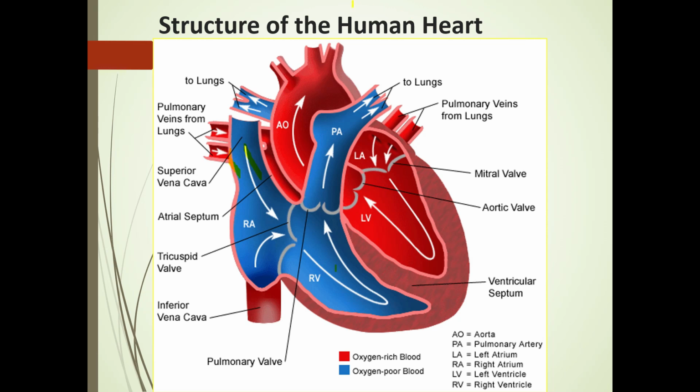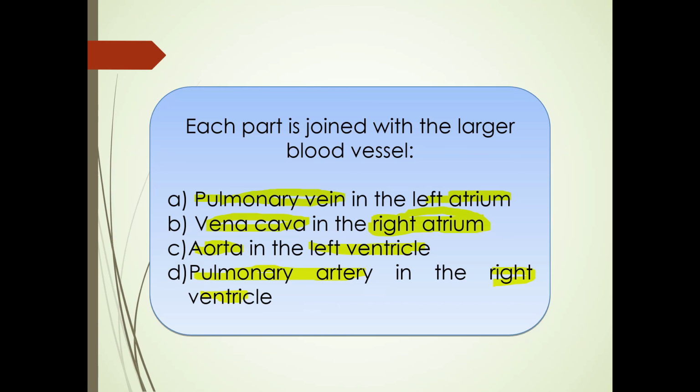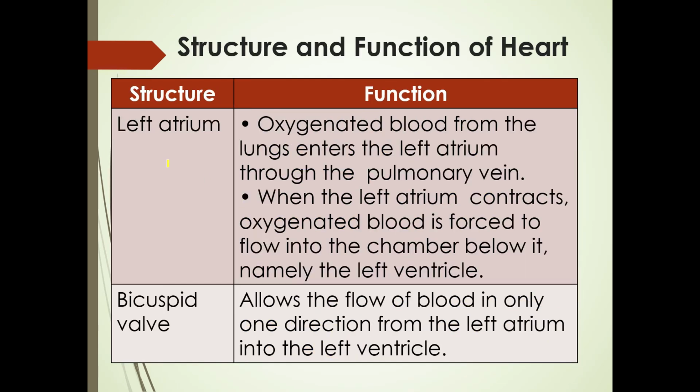Okay, so now it will travel back. Move to the next slide here. So the left atrium. Now it has become oxygenated blood. The oxygenated blood from the lungs enters the left atrium through the pulmonary vein.